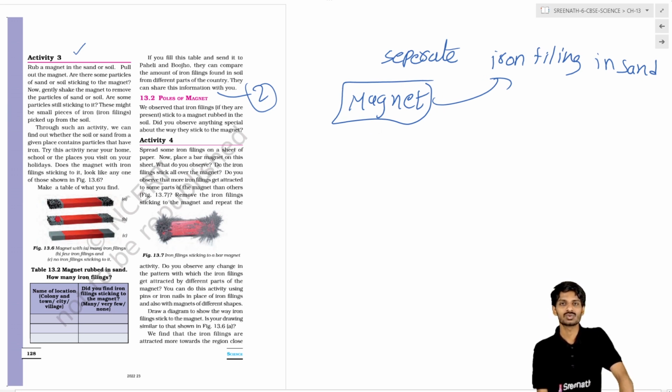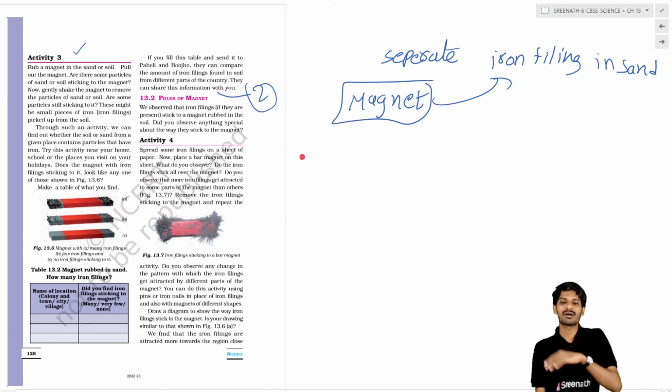Non-magnetic materials like sand will not be attracted. If you take the magnet out of the sand, the iron filings will be stuck to the magnet and the sand will remain as before. In this way you can easily separate iron filings from sand using a magnet.